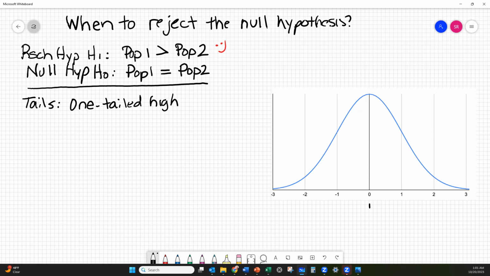I can tell because we want population 1 to be greater than population 2, which means that the researcher is looking for a score somewhere in this region. And you'll need to know alpha, which is also stated as the significance level.